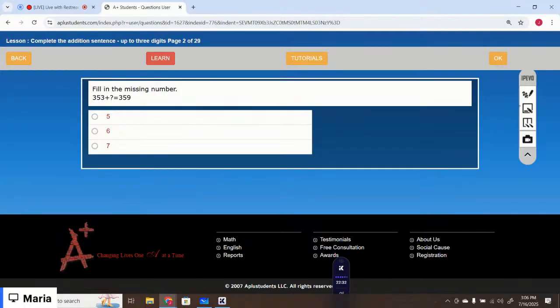Fill in the missing number: 353 plus what number equals 359. We are given three options.